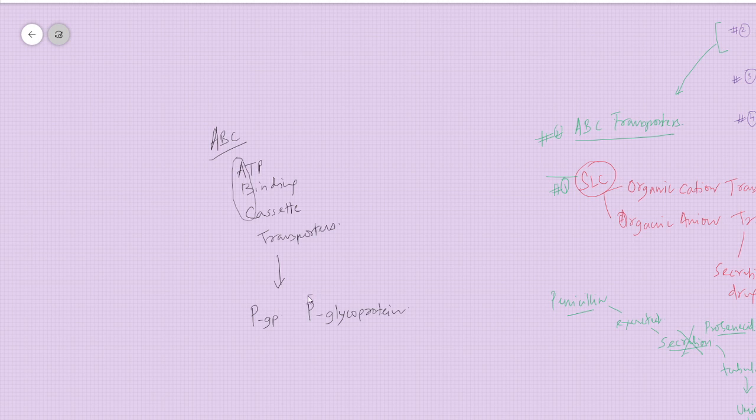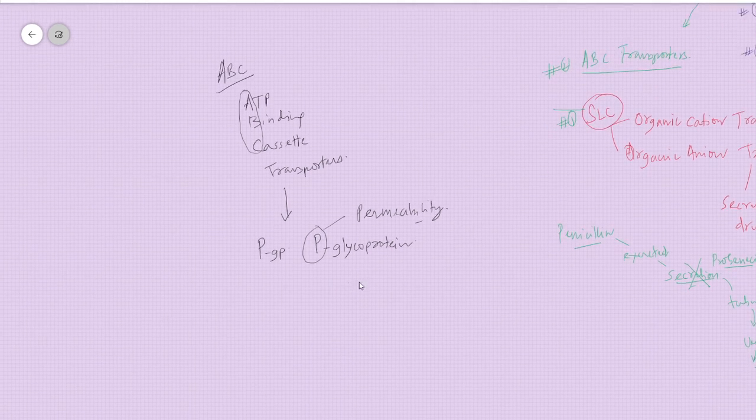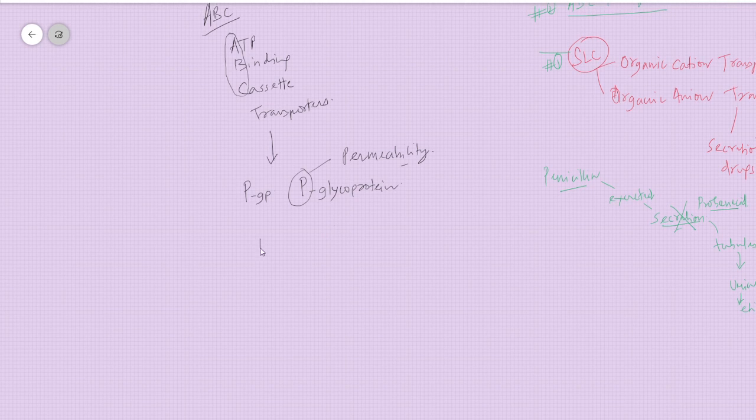The P refers to permeability, so it's permeability glycoprotein. What does this do? The PGP is an efflux pump.